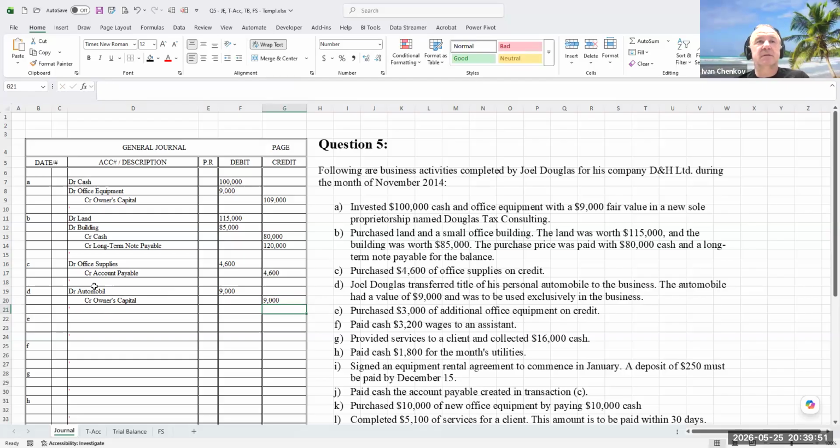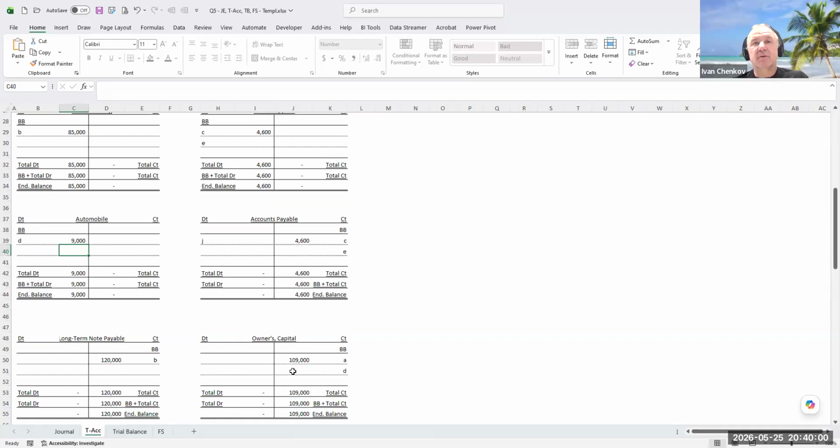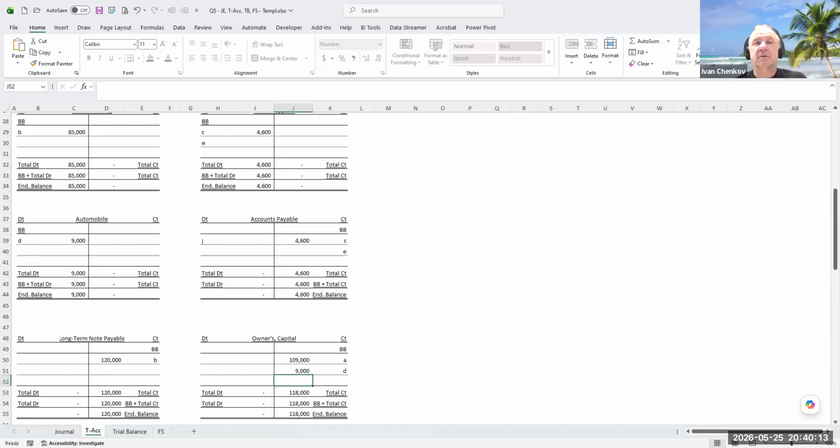Let's transfer these transactions into the T account. So automobile is going to go up with 9,000 and we're going to increase the owner's capital with another 9,000. That's letter D. So as you can see now, the owner's capital increased to $118,000.